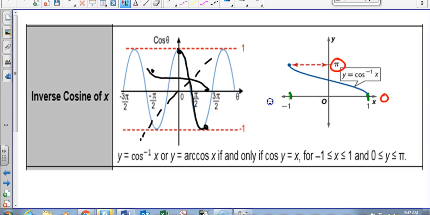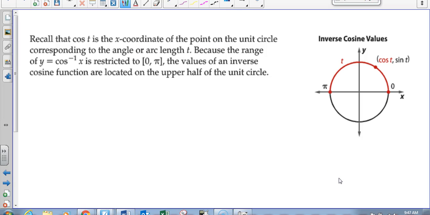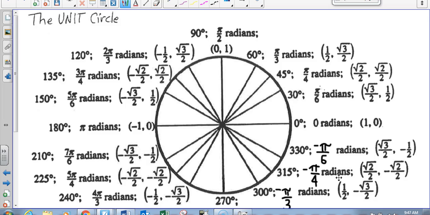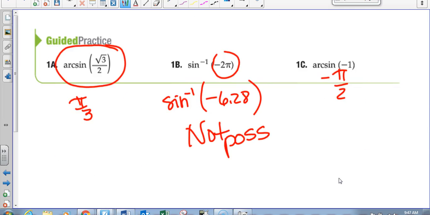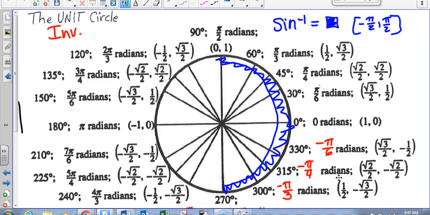All right, guys, so what quadrants are we in if we're between 0 and pi? See on the screen there, what's red goes from 0 to pi. So on your unit circle, I'm actually going to go back to this slide real quick. I want you to add another color and say, I'm going to look from here to here for all my inverse cosine stuff.